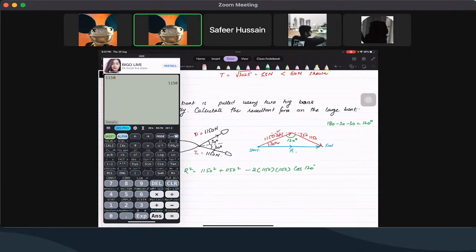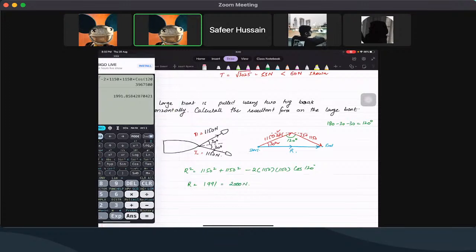This becomes this, and then to find R I need to take the square root of this answer, which is approximately 1991, roughly 2000 newtons. Is it clear, everybody?